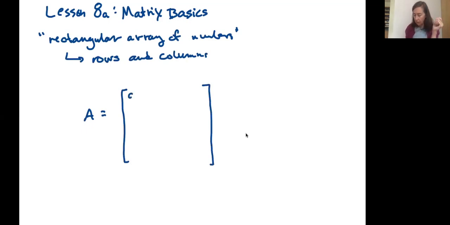So this first number here, I'm using lowercase, normal script, lowercase a, 1, 1. That's the number that is in the first row, first column. The next number would be the a12 element, and we would go all the way out to the a1n element.